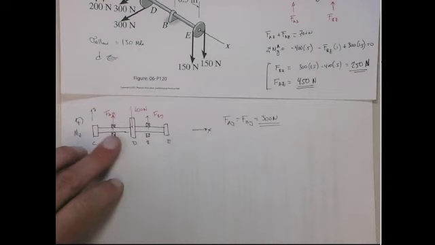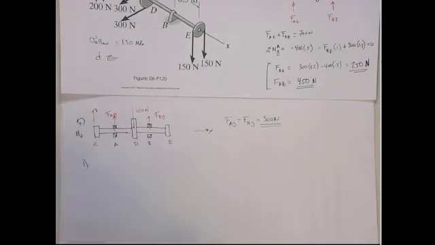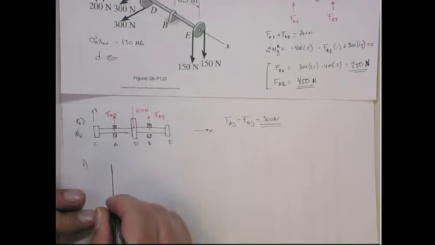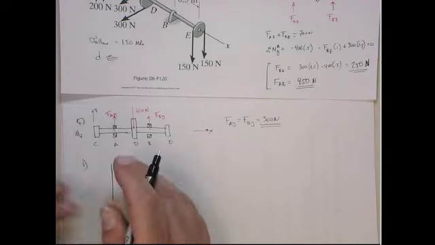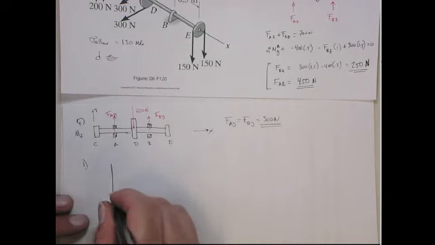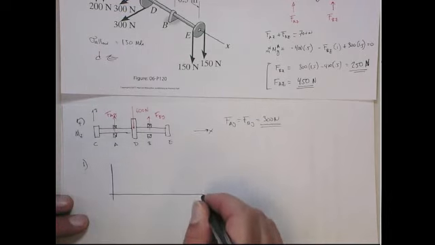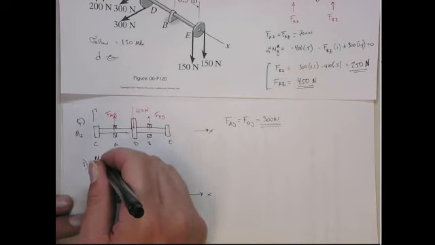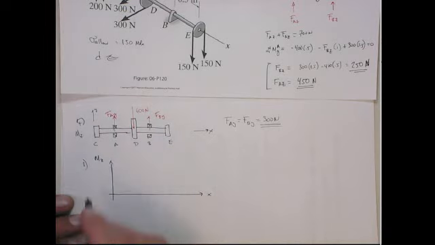Well, this one's pretty simple. Let's first look at this. Are these going to be positive or negative ones? So these are going to be positive. Here's the x direction, and this is going to be the z moment. Okay.